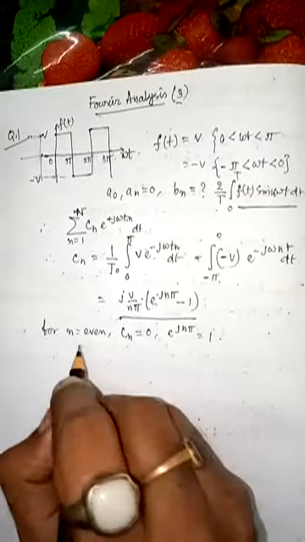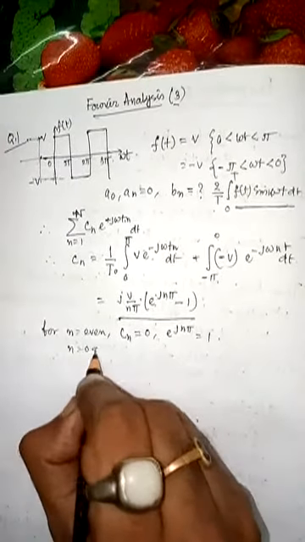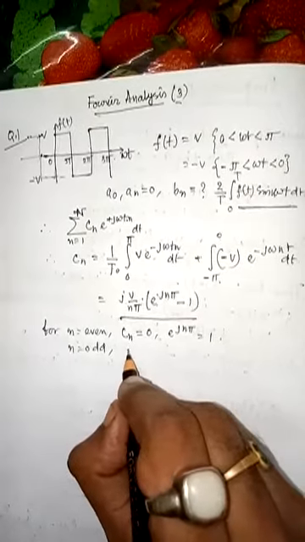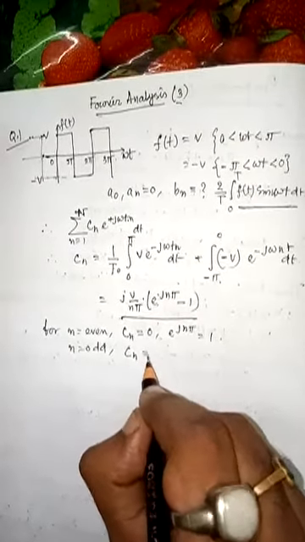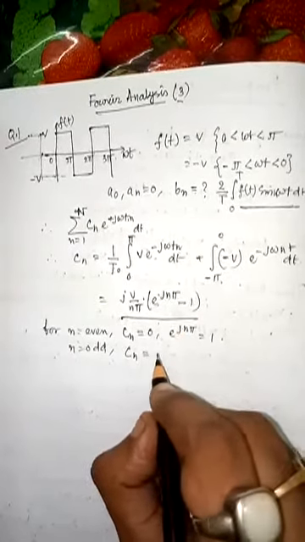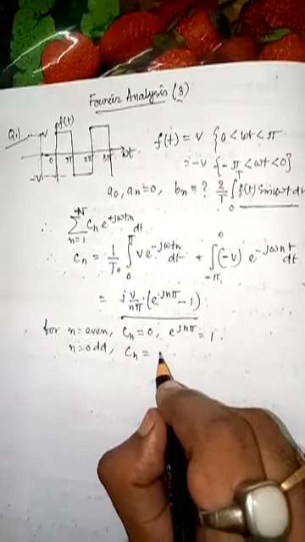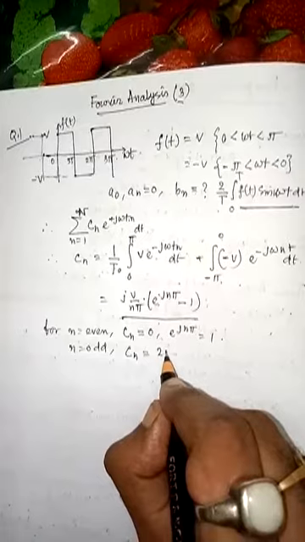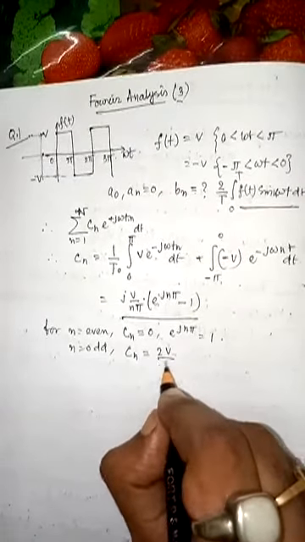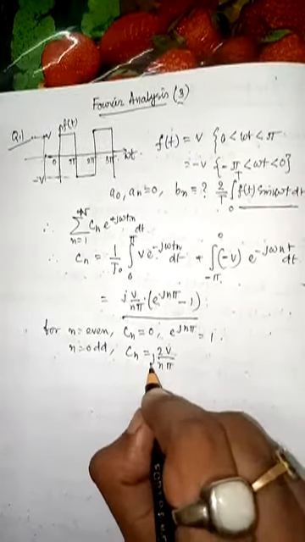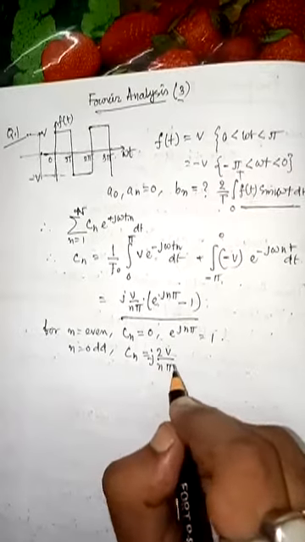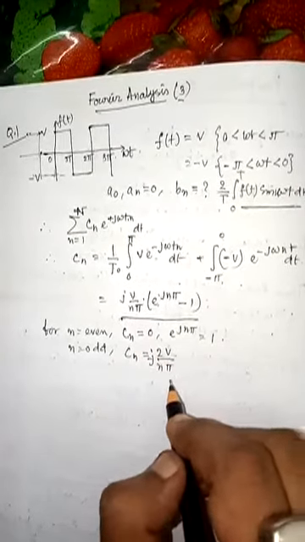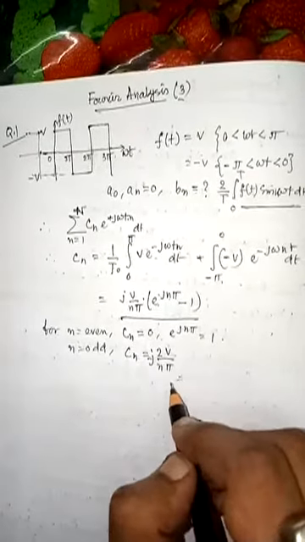For n odd, cn equals 2v by n pi into j, with a minus sign. So if n is odd, the final formula comes out like this.